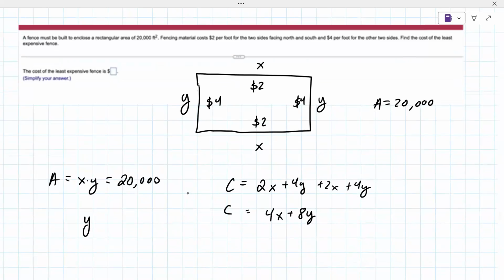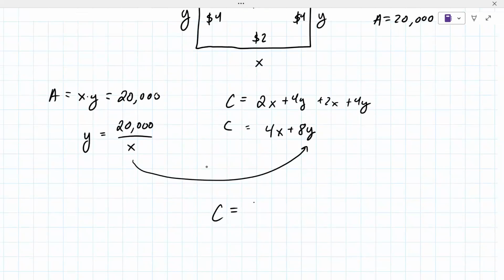And so we got Y on the left here, we can solve for Y. It's 20,000 divided by X. And so we'll take that and put it into this equation here. So we got 4X plus 8 times 20,000 over X.